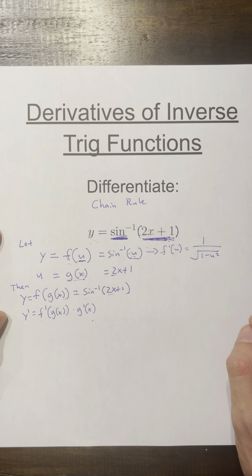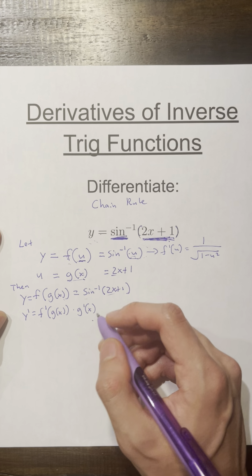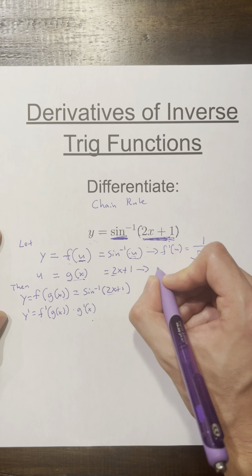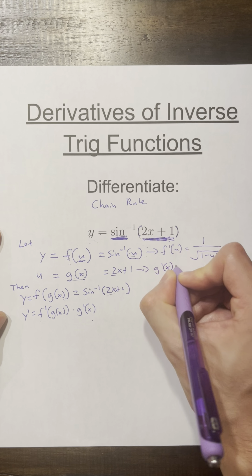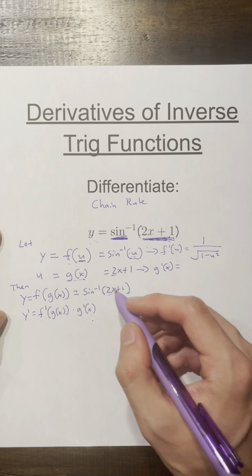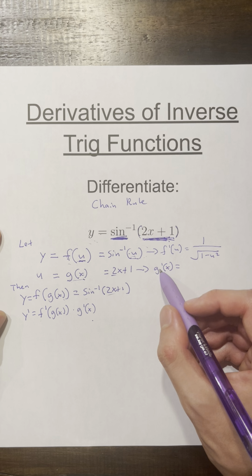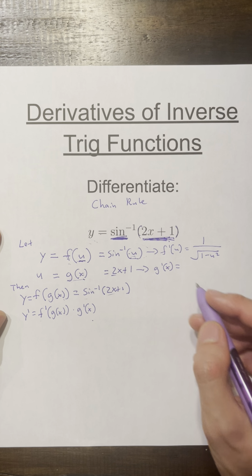Okay. And we also need to figure out what g prime of x is. Okay, so g of x is equal to 2x plus 1. How do we find g prime of x?